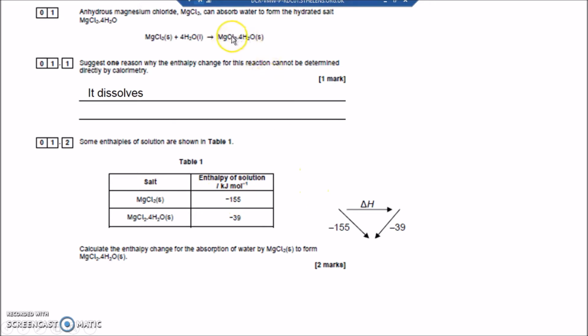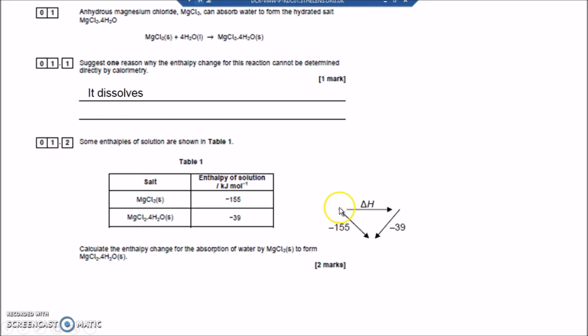Similarly, the enthalpy when MgCl2·4H2O is dissolved in water, to make the same product, is minus 139. So we've got the enthalpy change for MgCl2 dissolved in water, and for MgCl2·4H2O dissolved in water, and they're both going to make aqueous dissolved magnesium chloride here.